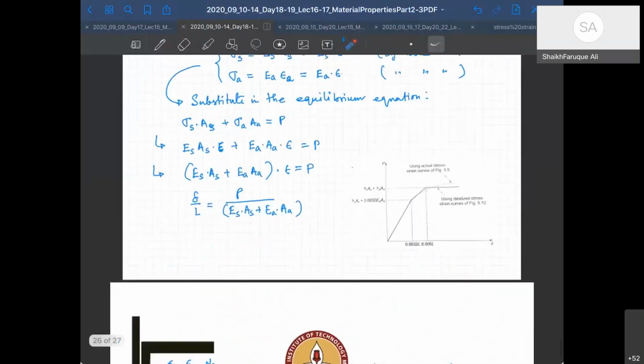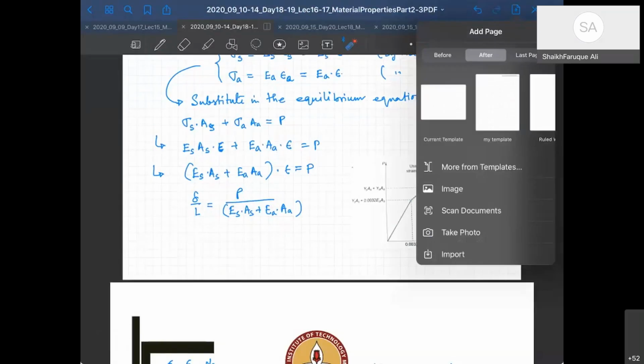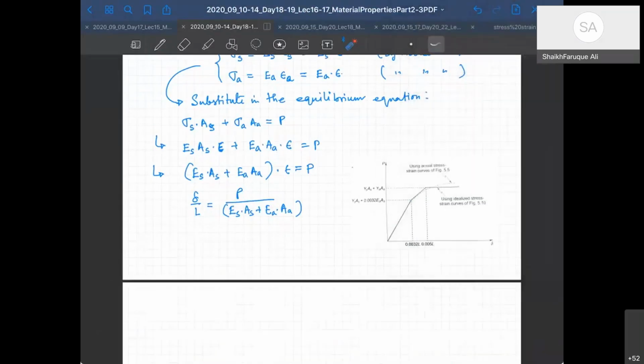These are the stiffnesses that are added up. We'll talk about this more as you go ahead. But right now, we learned that this is valid till one of them reaches its yield.